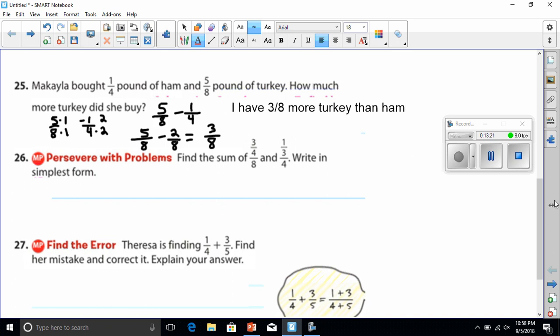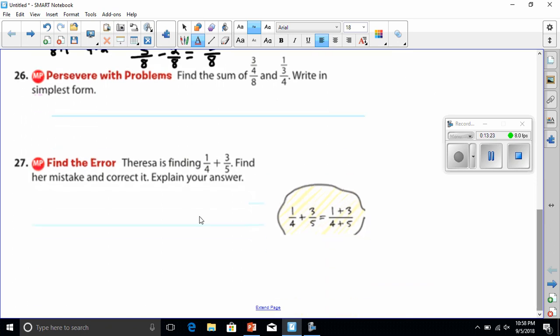All right, we're going to number 27 to finish this off. Find the error. Teresa is finding 1/4 plus 3/5. Find her mistake and correct it. Explain your answer. Well, she says 1/4 plus 3/5 equals 1 plus 3 over 4 plus 5.